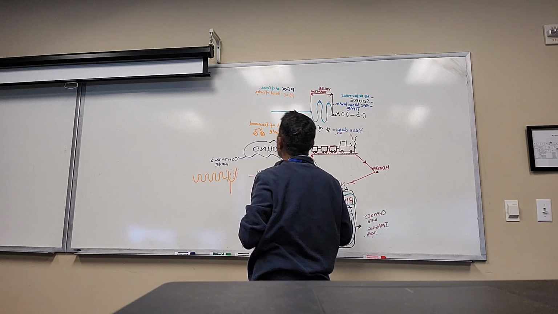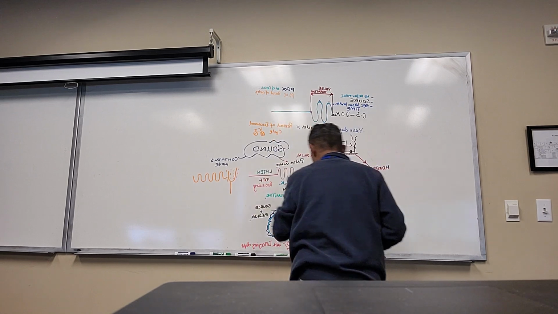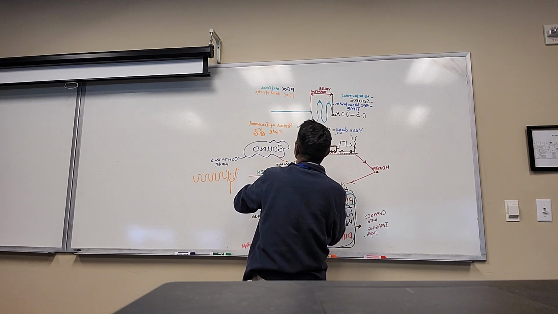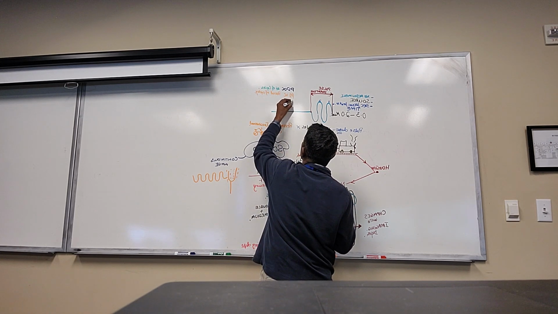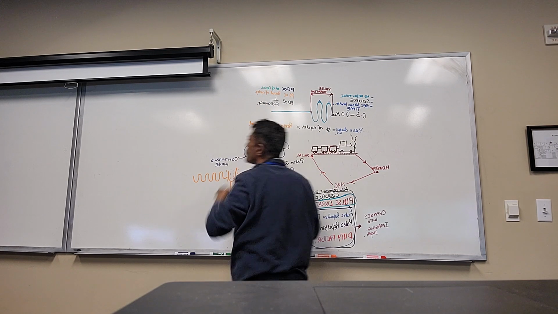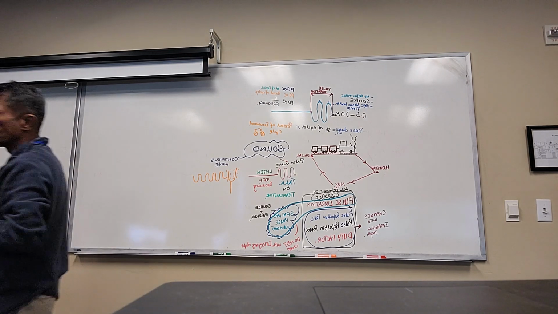But we do know the period and frequency are inversely related, so pulse duration is inversely related to frequency. Does that make sense?